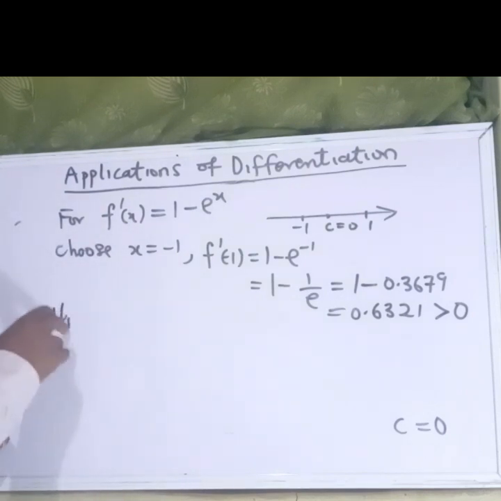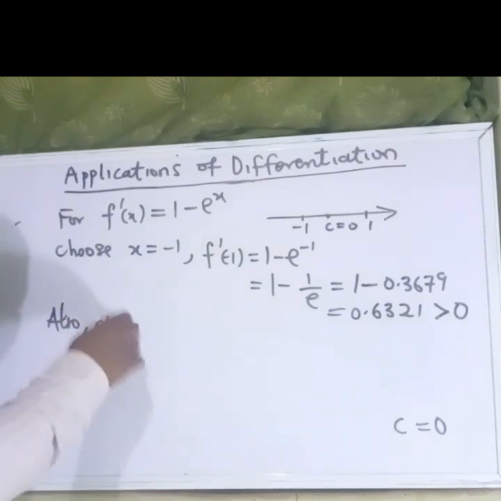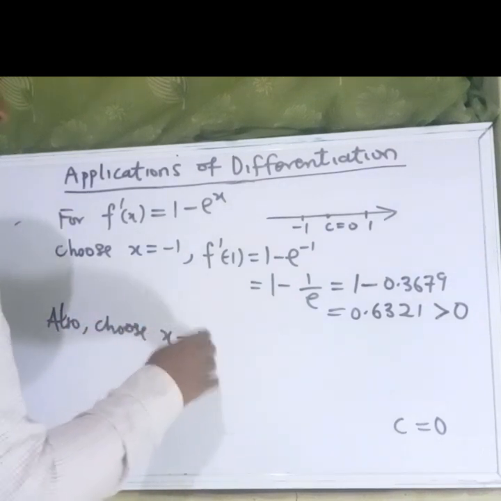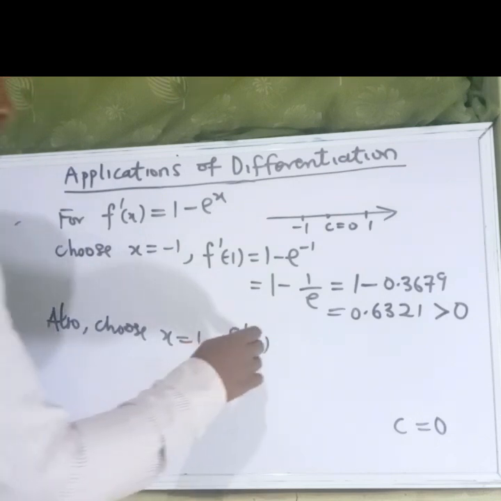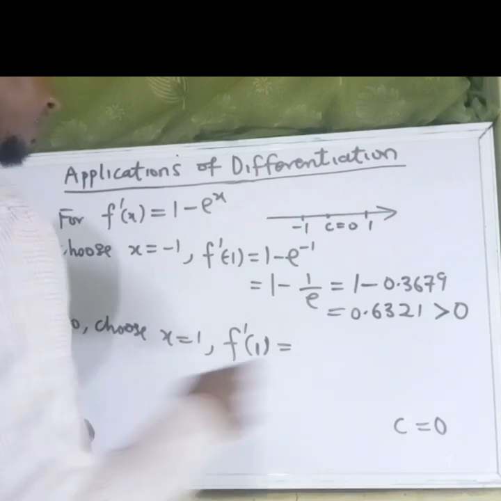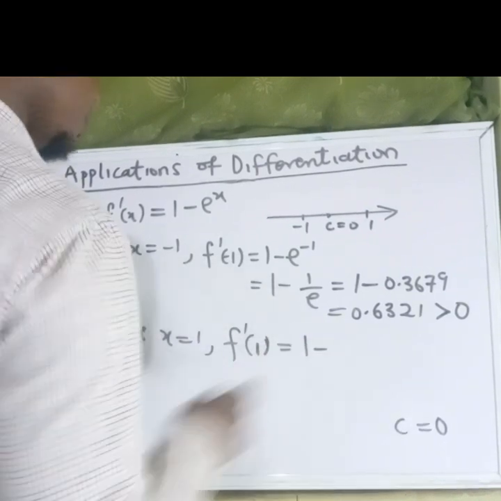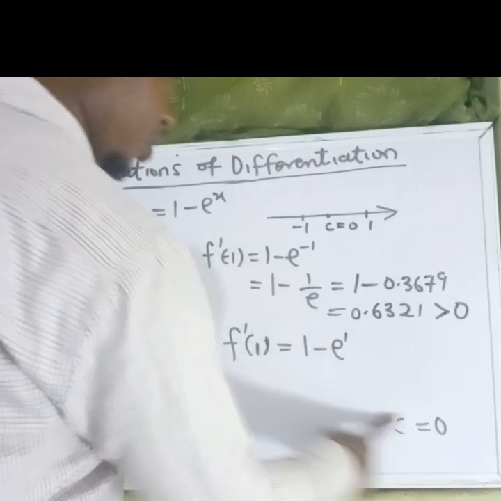Also, from the positive side, let us choose x to be 1. Again, we want to see the behavior of the slope. So this is 1 minus exponential 1.